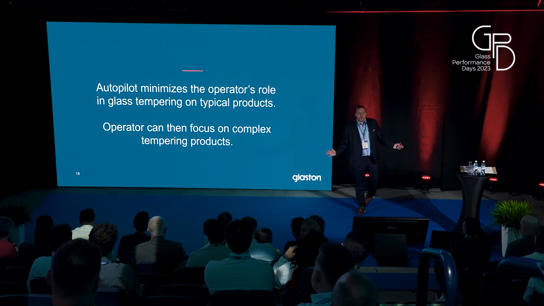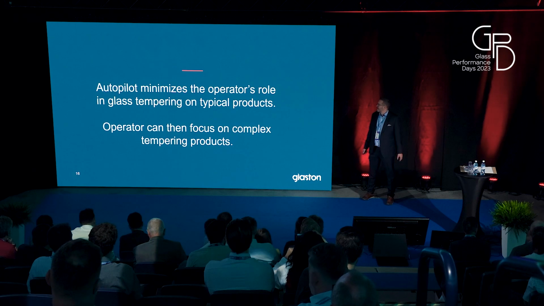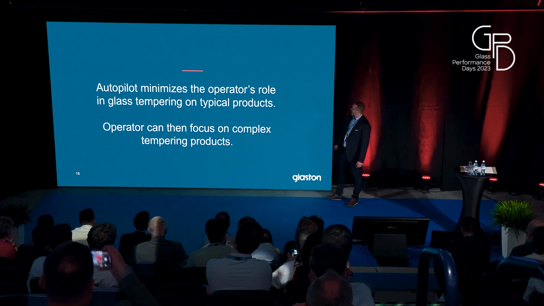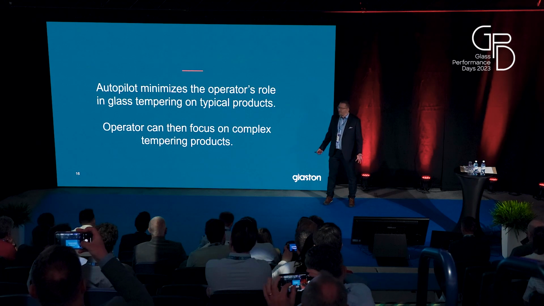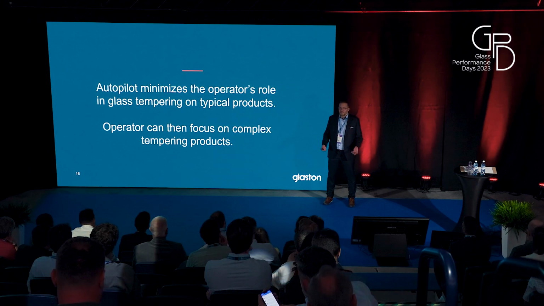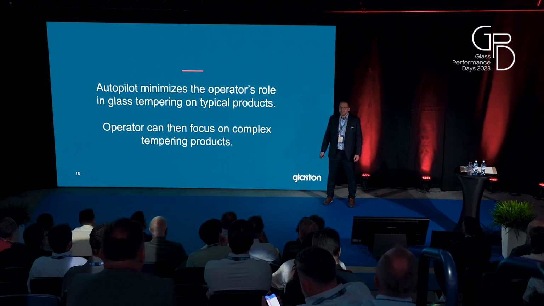And as a conclusion, I'm coming to the same point as in the beginning, that the autopilot minimizes the operator's role in glass tempering on typical products. So mainly rectangular shaped glasses, clear glass, coated glass, those are relatively simple to make.